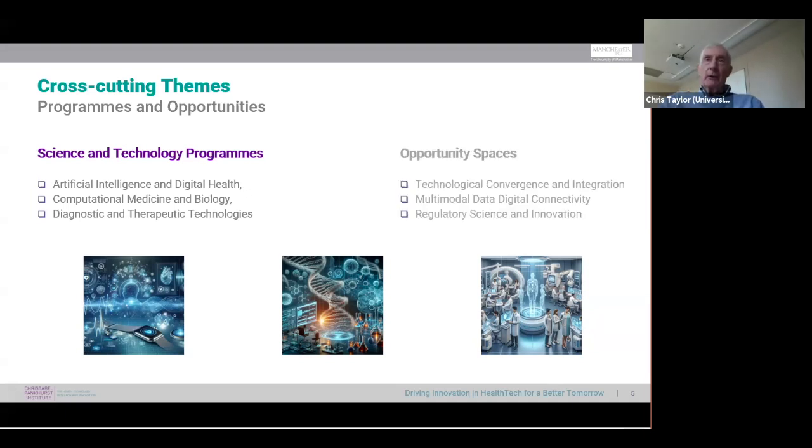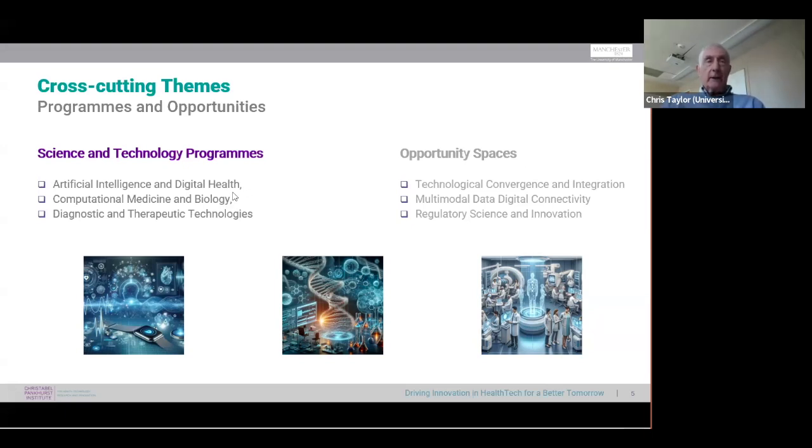The thinking about where the opportunities lie is those three points there: the fact that we have increasing technological convergence in the healthcare space; increasing availability of data, and multimodality data, and connectivity within the health space; and then around the third challenge, bringing interventions more rapidly and safely, a whole area of regulatory science and innovation that can bring that kind of technology to market.